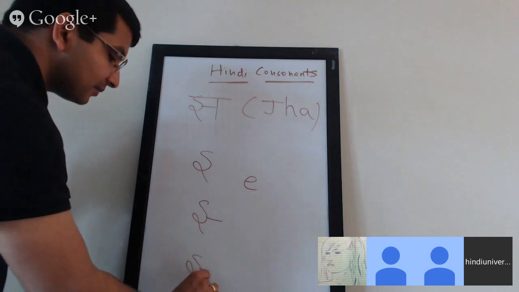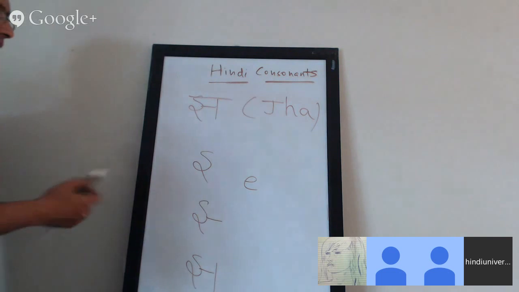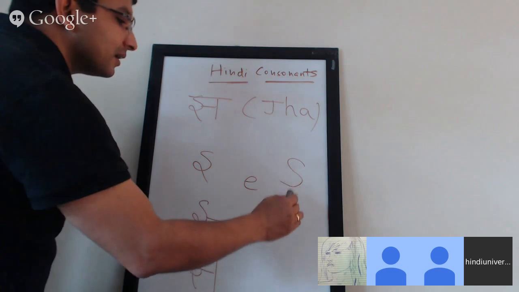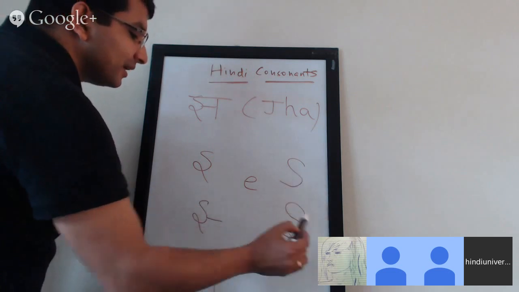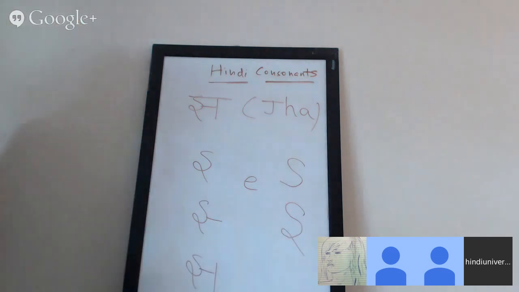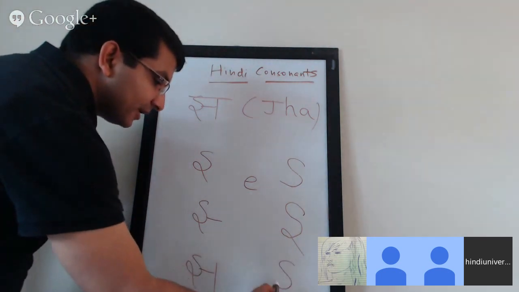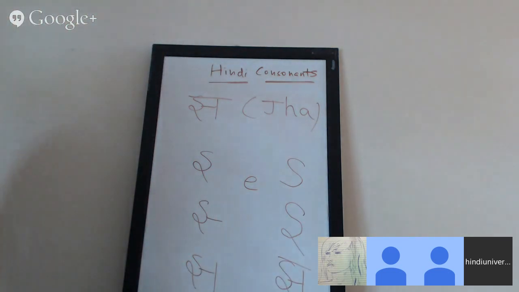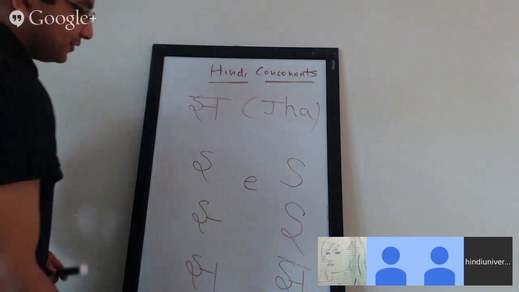Step three, write down E with the horizontal bar and the vertical bar. And if you remember, we learned it like the way S looks, like a swan: S with the tail going on the right hand side, horizontal bar, vertical bar. Practice it a few times and you'll get a hang of it. It's one of the difficult consonants to practice.